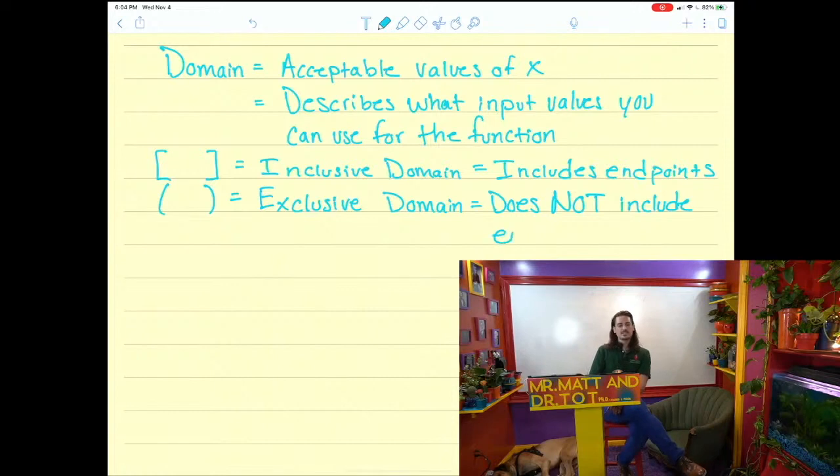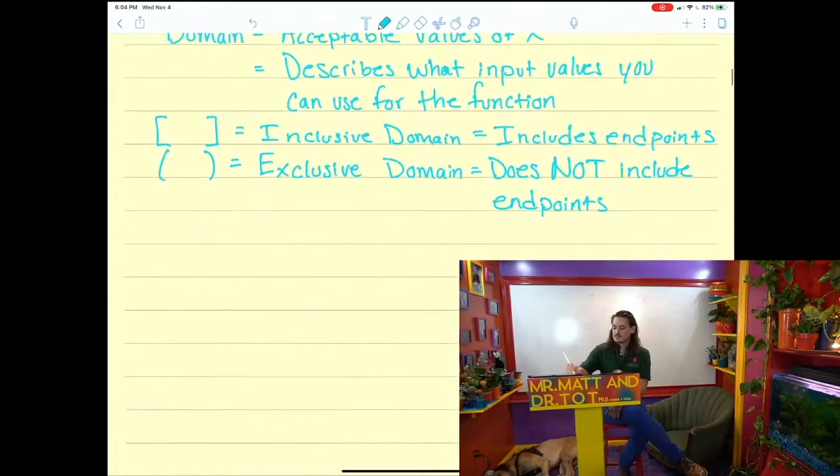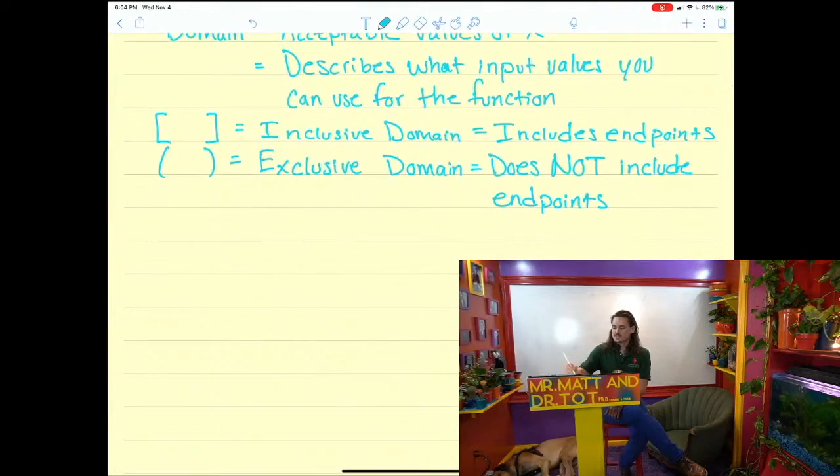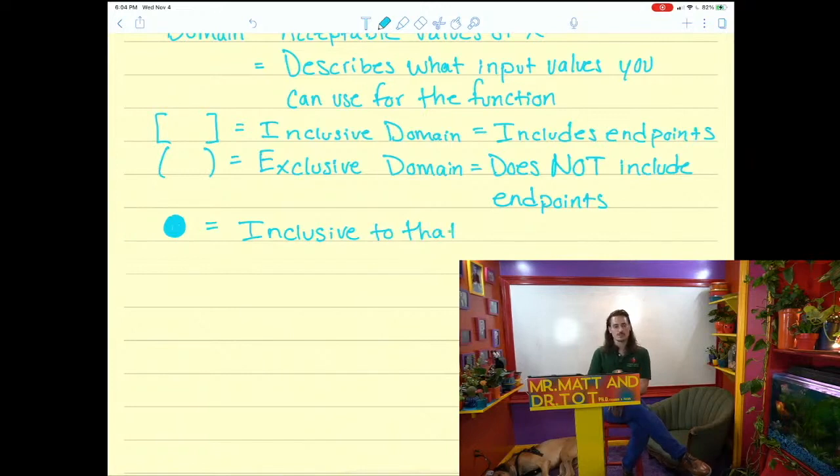Now, graphically speaking, a solid dot on a graph does the same thing as brackets. That means that it's inclusive to that point. So instead of the overall domain being inclusive, just that specific endpoint is inclusive. So if it ends on 3, that means we can count 3. Conversely, a hollow circle means exclusive.